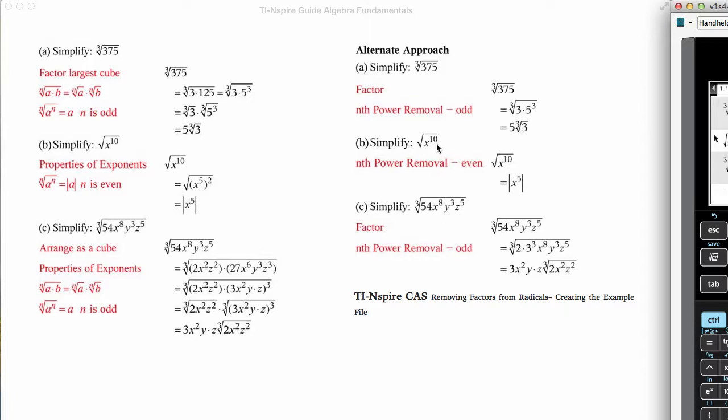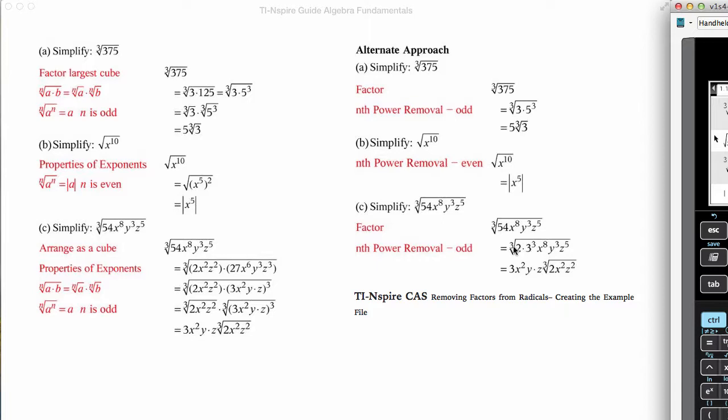We're dealing with an even index, so the absolute value comes into the answer. Here, we split the 54 into 2 times 27. 27 is the same as 3 cubed.